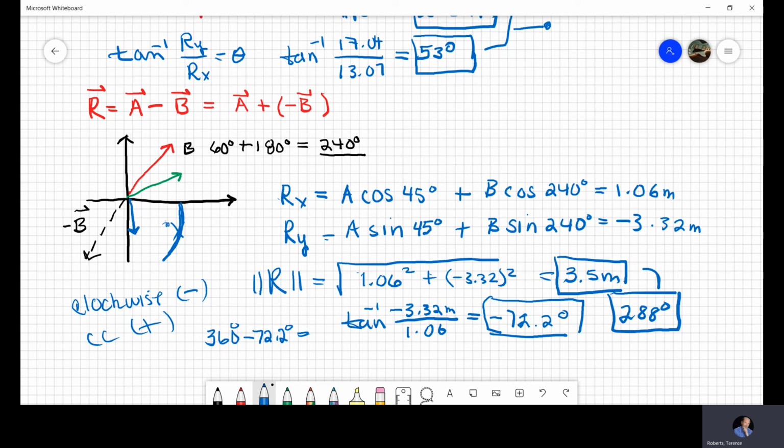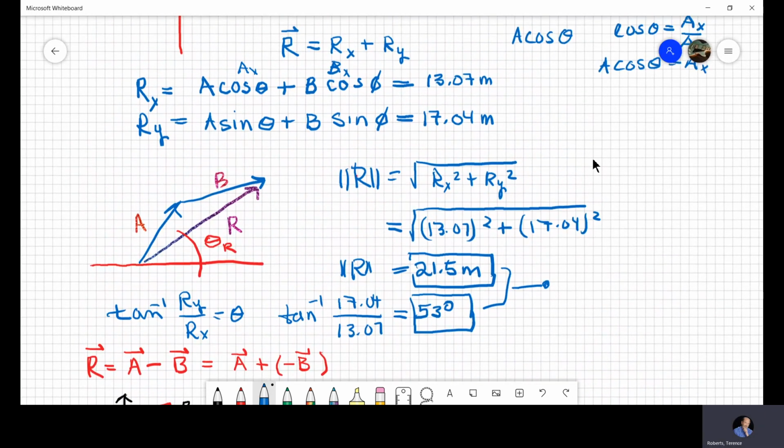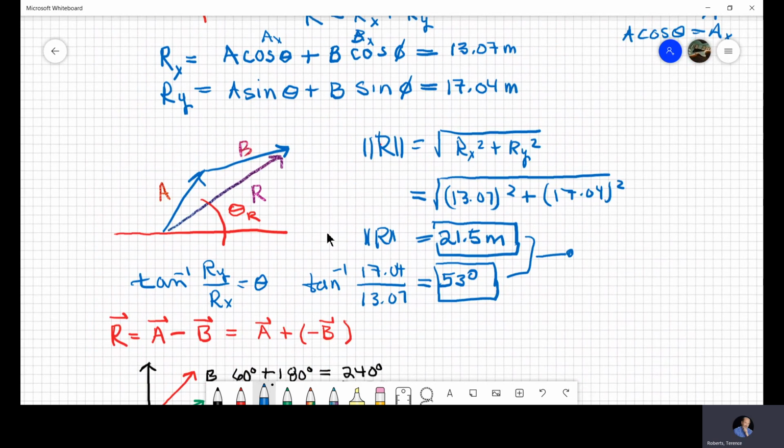So we have these two results right here. As compared to the same vectors that were added together, up here we had a magnitude of 21.5 meters and 53 degrees.